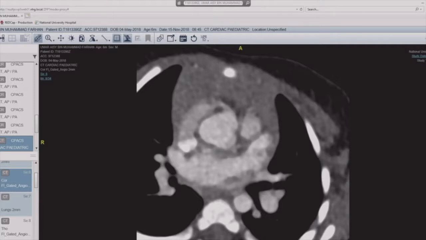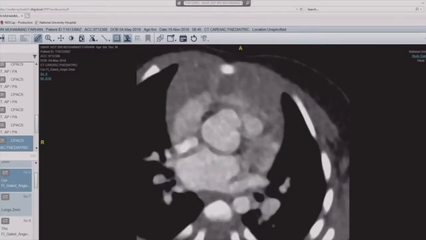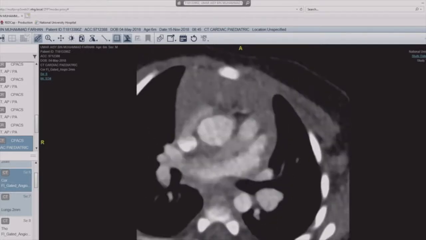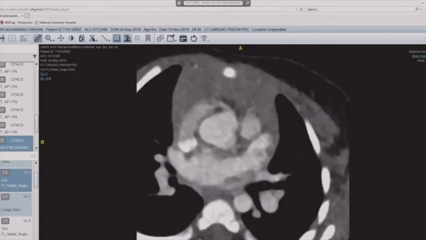You can see the right coronary artery coming off the anterior sinus of Valsalva here, directed towards the right. And we can also see that there is another coronary artery that's coursing towards the left, towards the right ventricular outflow tract, confirming the suspicion on echo. However, as you can tell, I'm sure you have seen clearer cardiac CT or clearer CT coronary angiograms.